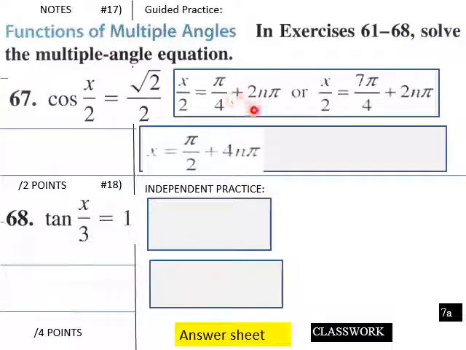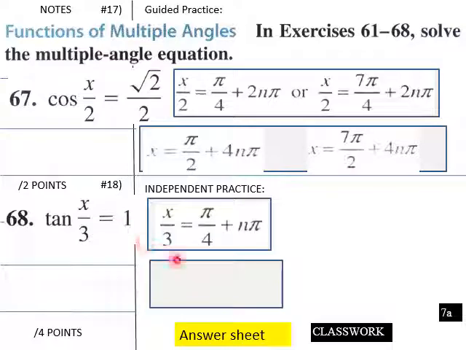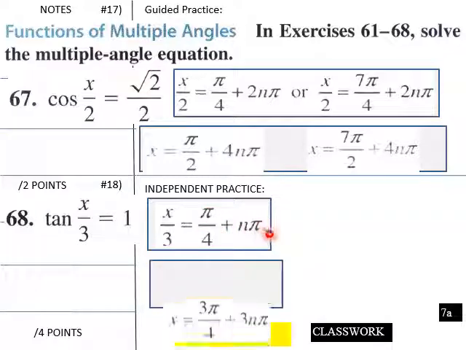And then when you break these down further, when you multiply through by 2, you would have x equals pi over 2 plus 4n pi. And then over here, you would have x equals 7 pi over 2 plus 4n pi. And then down here, tan x over 3 equals 1. X over 3 will equal pi over 4 plus n pi.